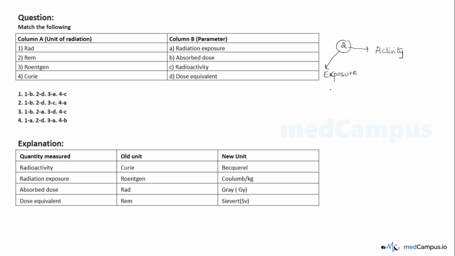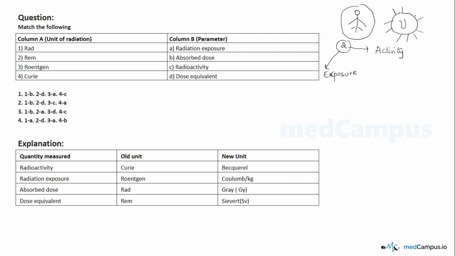What are the two phenomena? Activity and exposure. For example, there is a block of uranium in your room, U. This uranium-235 isotope itself will be emitting some radiation.